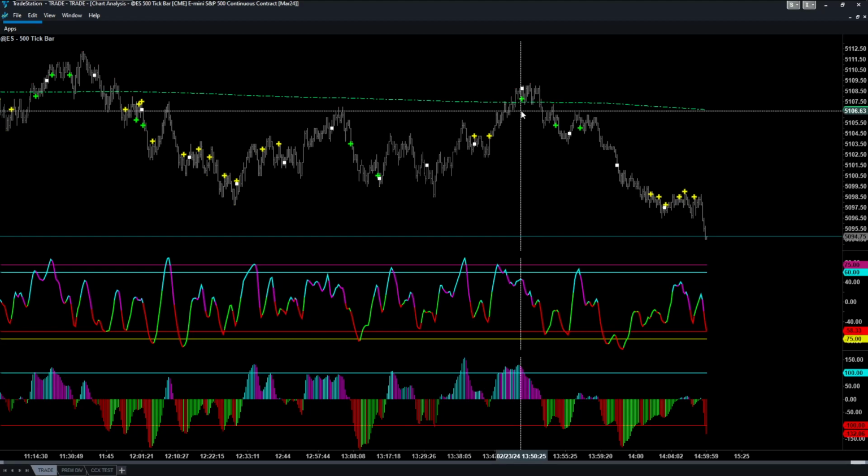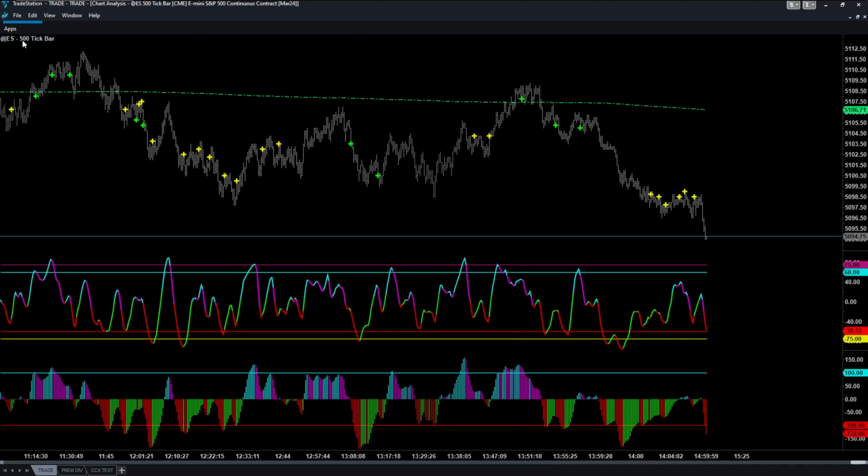Now, how do you set it up in the indicator? It's very easy. First of all, you're going to need to decide on what interval you want to display this. It can be displayed at any interval, but keeping in mind that once this fires, you've got one bar after that to see whether or not you're going to take the trade.